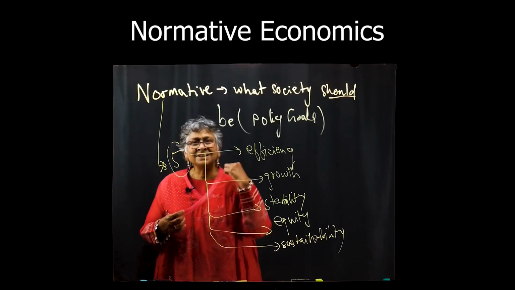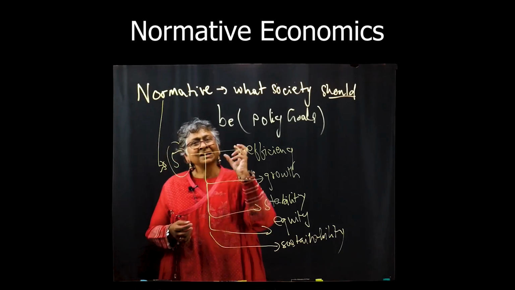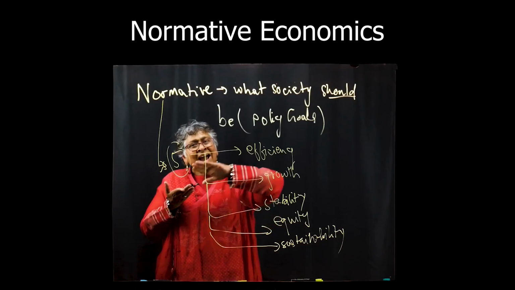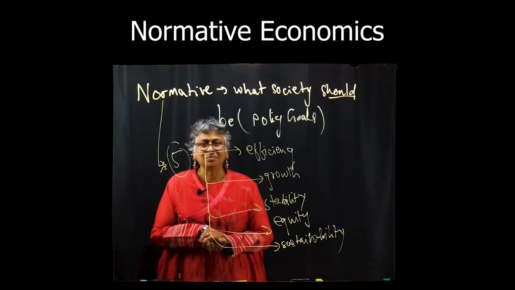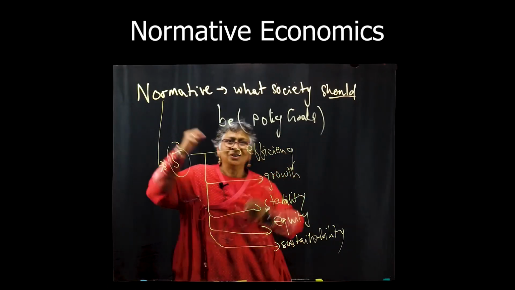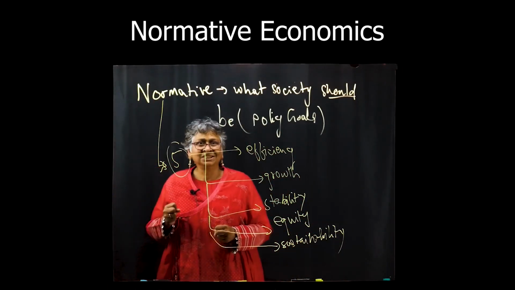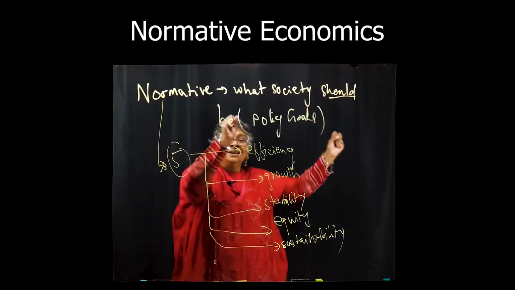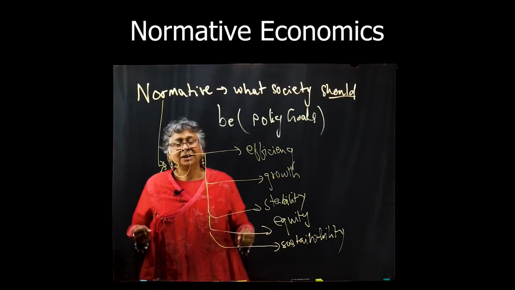So, stability is the idea that we need to actually stabilize the economy, not have too much movement of high inflation, which is terrible, or high unemployment, which is terrible.